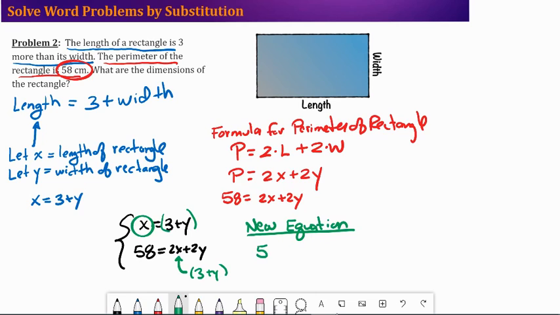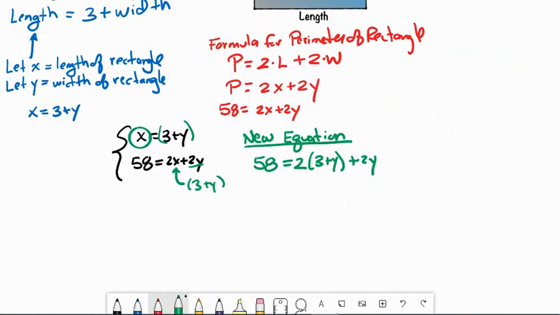It's going to be 58 is equal to 2, but we're replacing the x with 3 plus y, plus, and then we have 2 times y, and now we can distribute this 2 through the parenthesis, and we have 58 equals 6 plus 2y plus 2y.